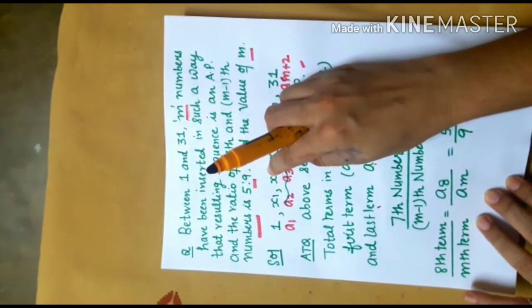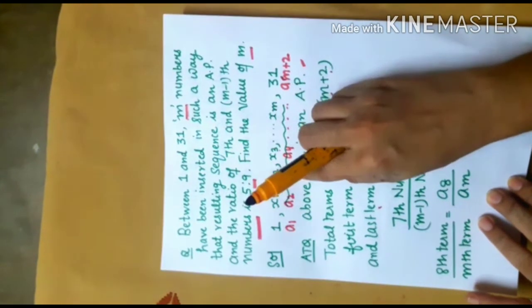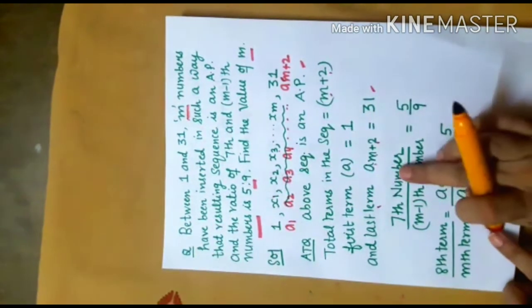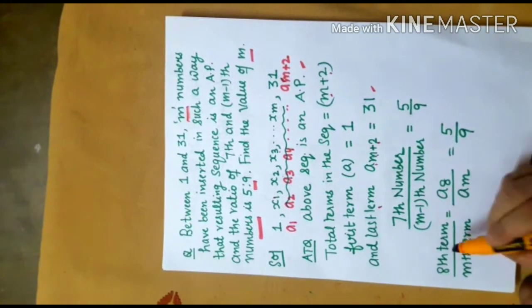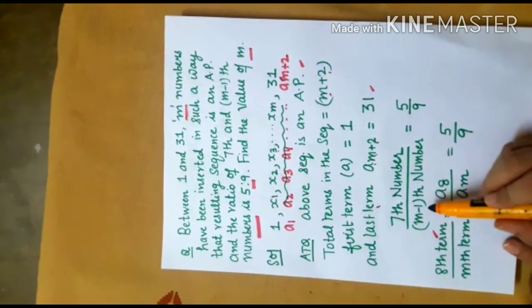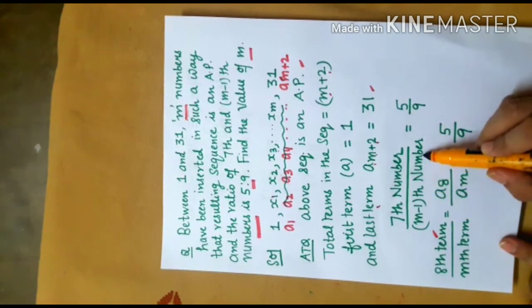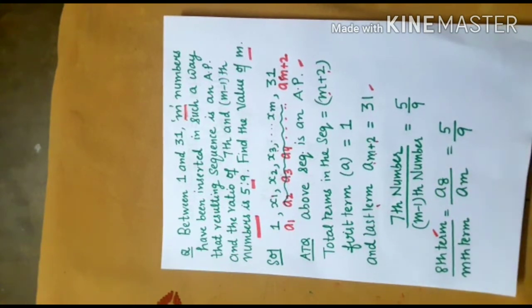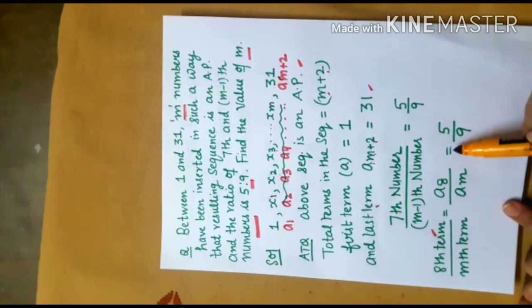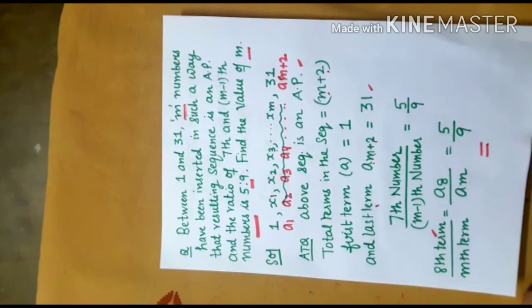The second number which we have inserted is the third term of the AP. In a similar way, the 7th number will be the 8th term of the sequence and the (m minus 1)th number will be the mth term of the AP. So I'll get A8 over Am is equal to 5/9.